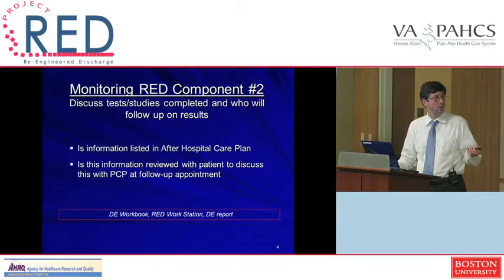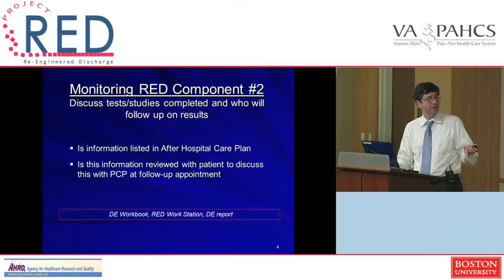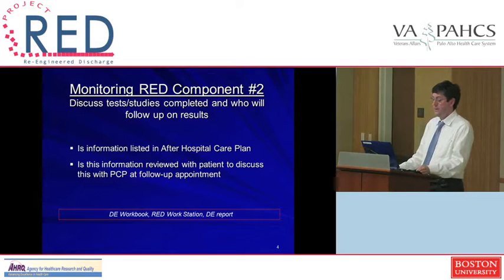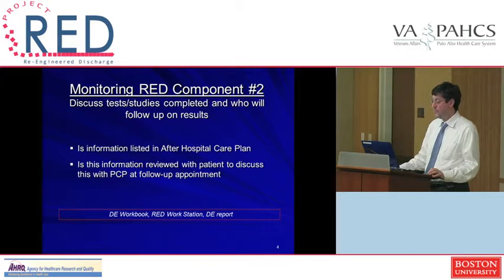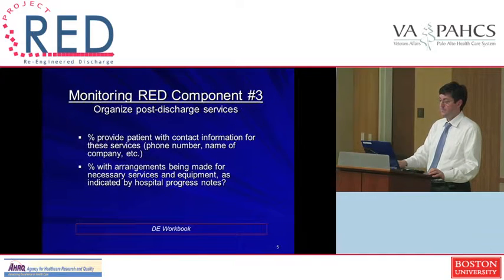The RED workbook would identify whether or not there were pending tests identified. The workstation will identify whether or not the pending tests are listed in the after-hospital care plan, and then some report or surveys of patients later will tell us whether or not that information was discussed at subsequent follow-up appointments.